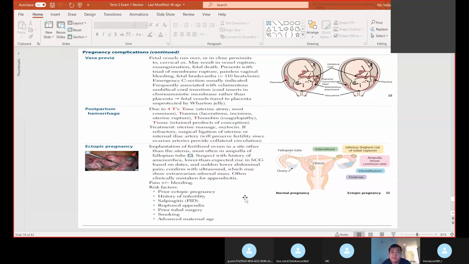PID, what else? Advanced history infertility and prior ectopic pregnancy. It can travel, it can be implanted into your abdominal wall. Confirm with ultrasound. Always check ultrasound. Ectopic pregnancy is clinically mistaken for appendicitis. Okay, don't forget that.